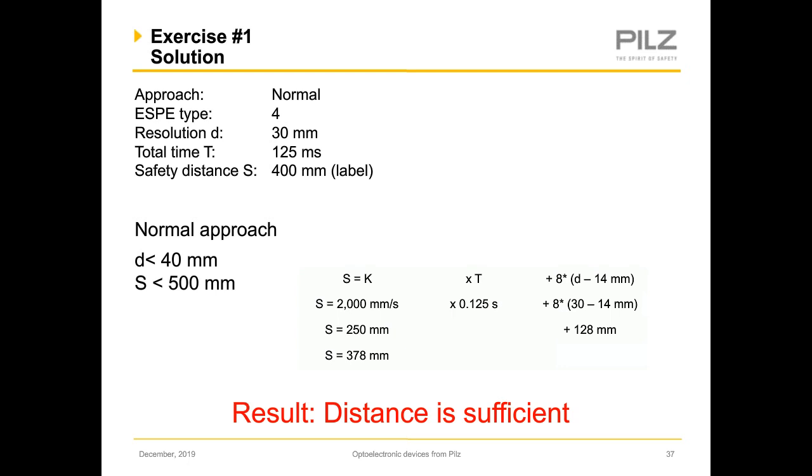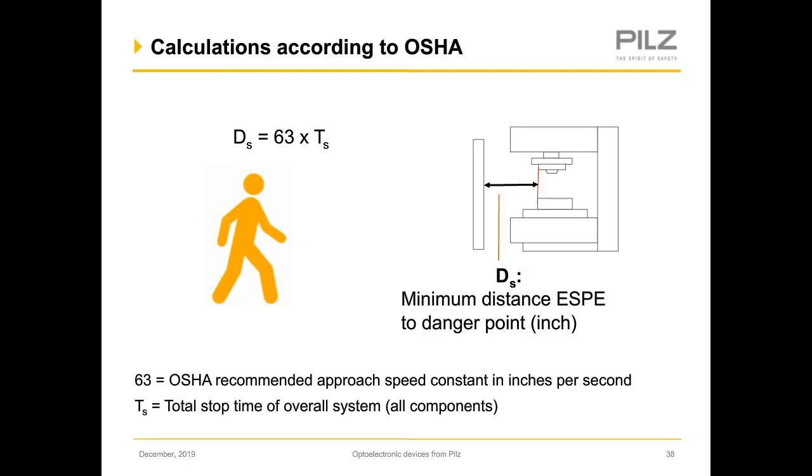Now, when you look at other calculations or formulas, you find calculations according to OSHA, where the distance is 63 times the total time. So 63 inches per second is that speed. But that's depending on the application or type of machine.